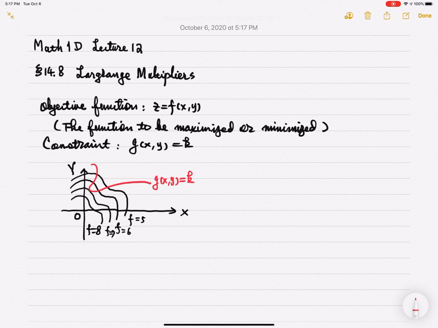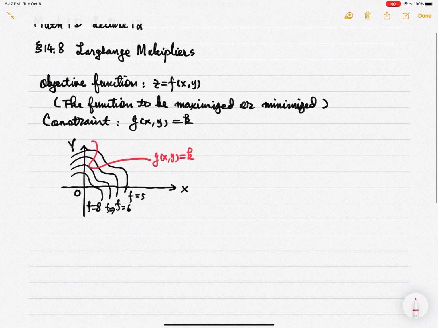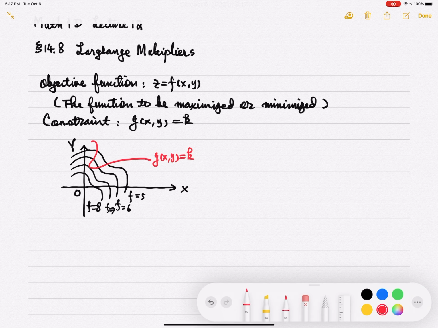When you want to find the maximum value of f subject to g, you want to find the x value and y value on the curve g(x, y) equals k, and at the same time f is maximized.